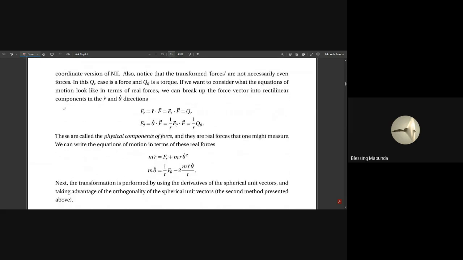So what we were doing was that we went from Newton's second law of motion to polar coordinates, and we got our F_r and F theta. These are the physical components of force.